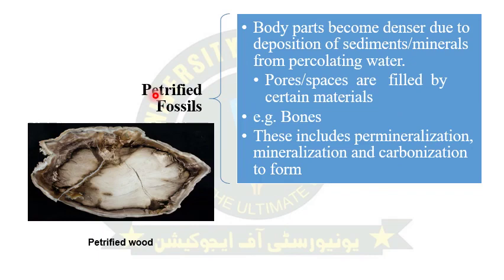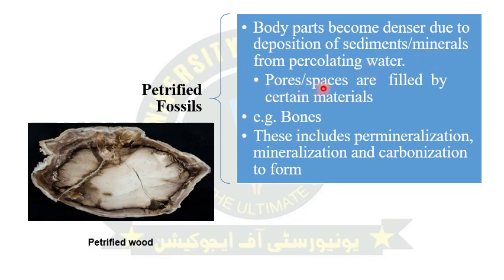Here is the mechanism of unaltered fossil formation. One is petrification, and the fossils formed by petrification are called petrified fossils. These are body parts that become denser due to deposition of sediments or minerals from percolating water. Meaning when the body is fossilized, the original body composition is replaced by sediments or minerals through the water.